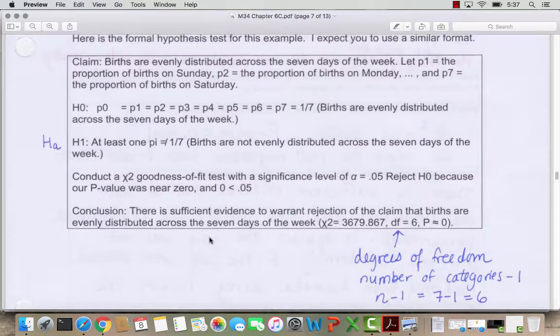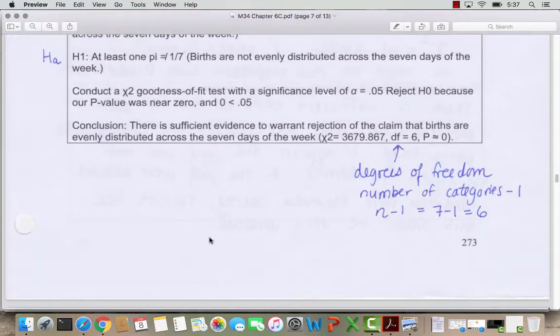There is sufficient evidence to warrant rejection of the claim that births are evenly distributed across the 7 days of the week. So in this case, when they talk about claim, they're corresponding that with the null hypothesis, right? As a scientist, you could make your claim either way. Most often, we think about the claim as associated with the alternative hypothesis, but here it's no problem that they have defined the claim as equality among all 7 days.